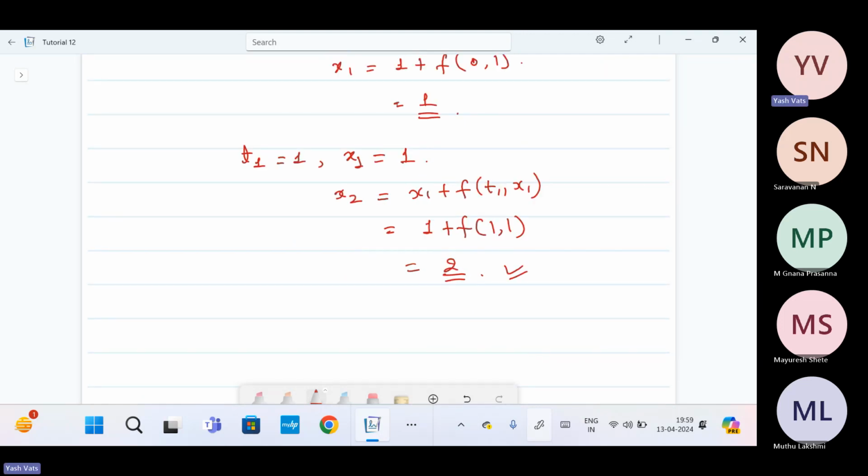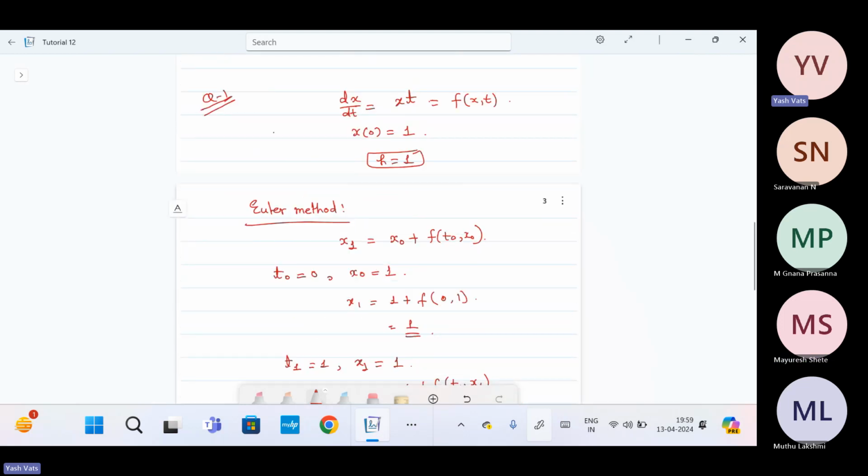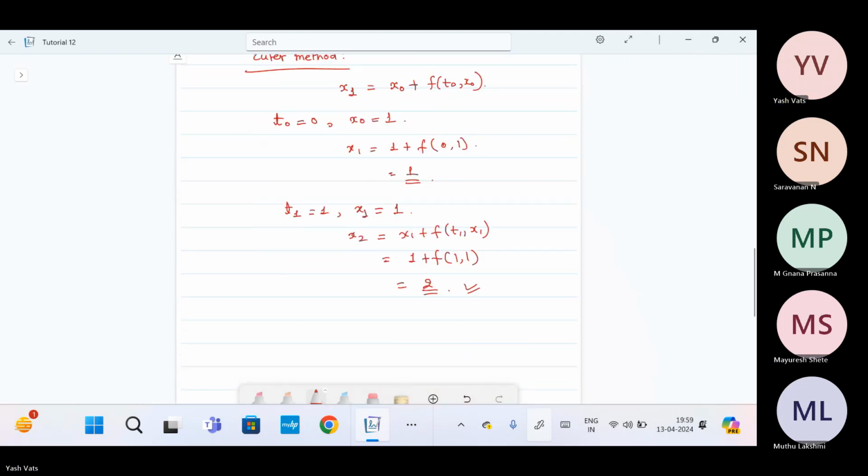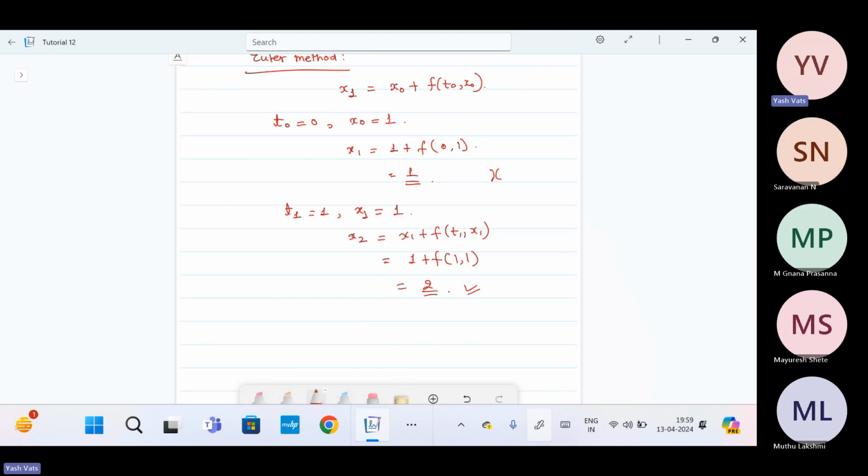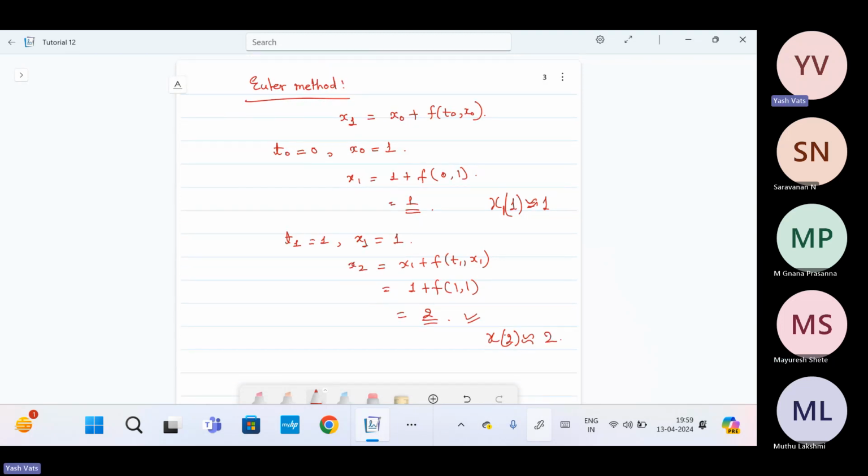Can you continue like this wherever you want to find? So the distance x at 1 second is approximately 1, and the distance at 2 seconds is approximately 2. Can you do like that?